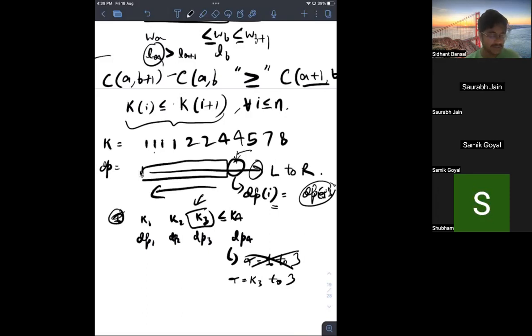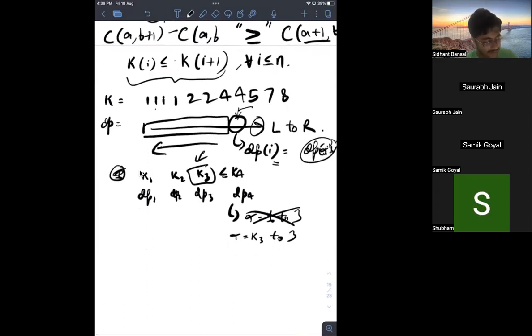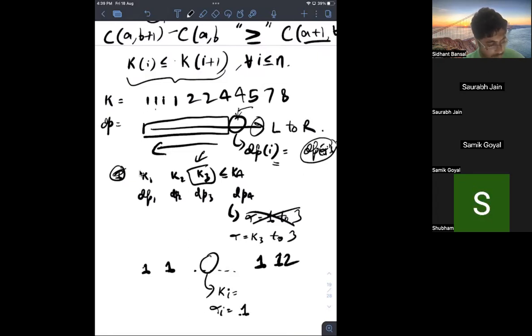It could help you out, but even then, in the extreme cases, it won't. The reason is, it could be the case that your K1 comes out to be 1, your K2 comes out to be 1, and so on, and your K n minus 1 comes out to be 1, but your K n is some big value, like say 12. In those cases, every time you're calculating some K i, you'll loop your alpha from K i minus 1 to n or whatever, and your K i minus 1 will actually be 1, so it won't help you.